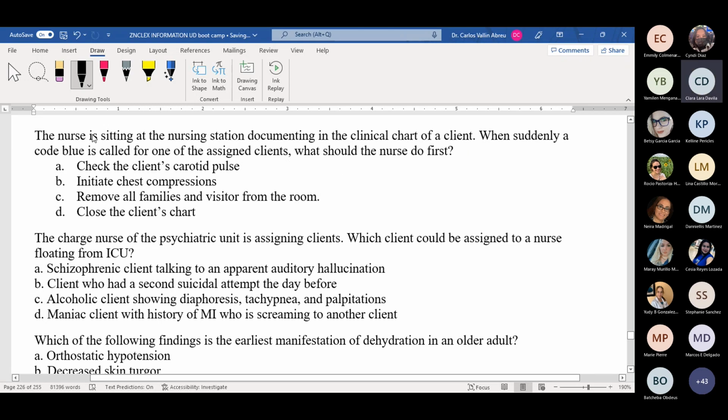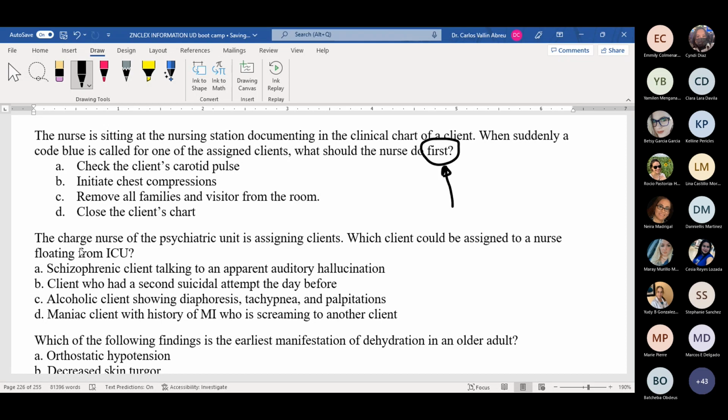So the nurse is sitting at the nurse's station. Sometimes you need to read twice, especially people like me for whom English is not the first language. Try to visualize the nurse sitting in the nursing station, documenting on the computer chart. A code is called, and they are asking what you do first. You need to understand that this is a chronological priority. Close the client's chart first.